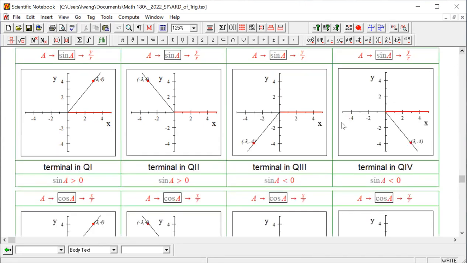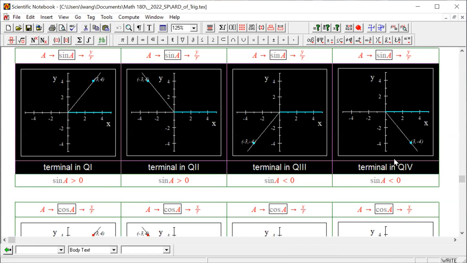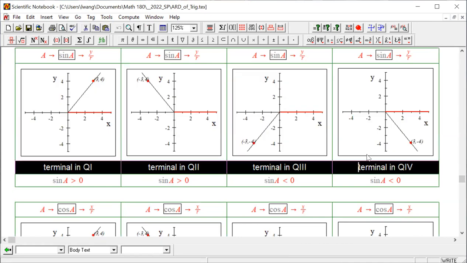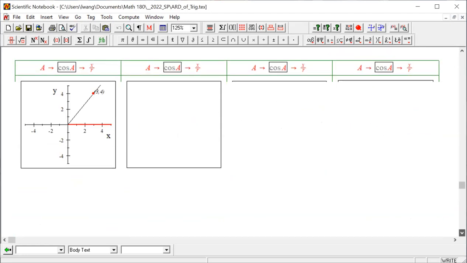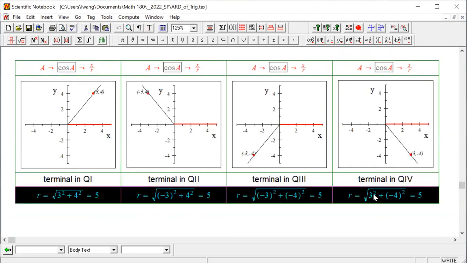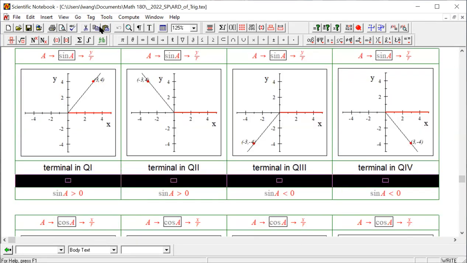Next, we just did sine. I wish to put this back in for the r. Insert a row, I'm going to put an r there because the r calculations are similar. I wish to keep that for the sine as well.